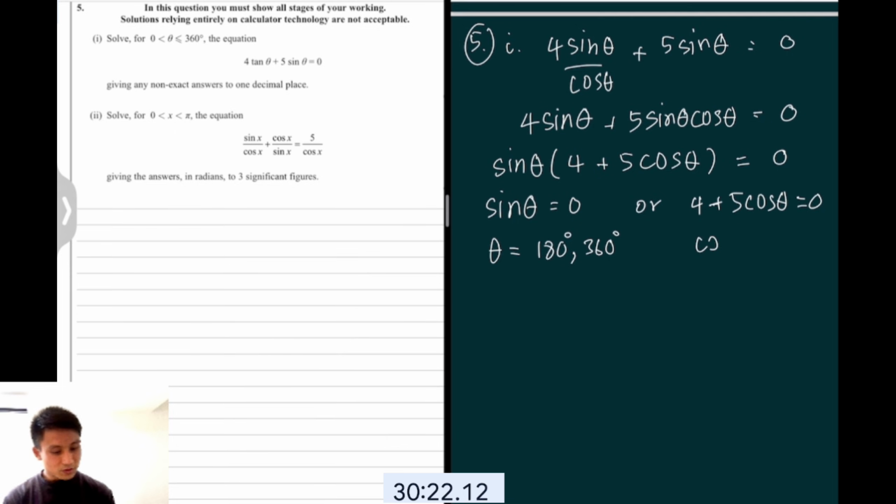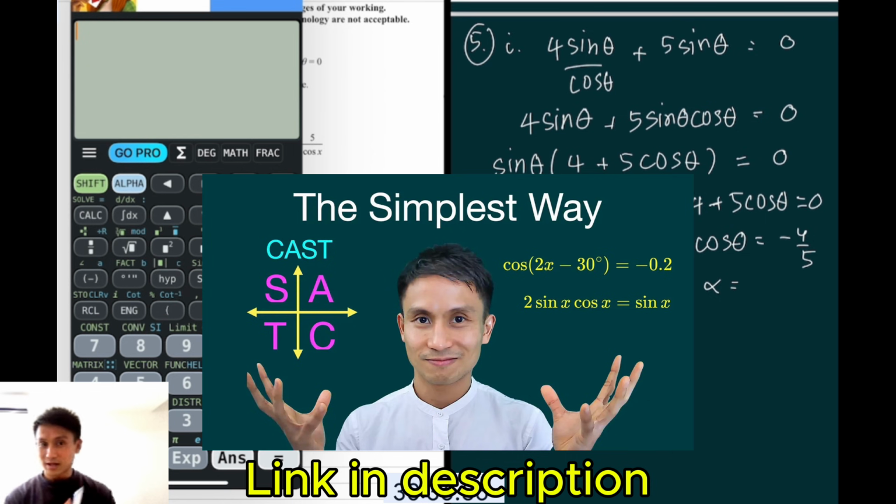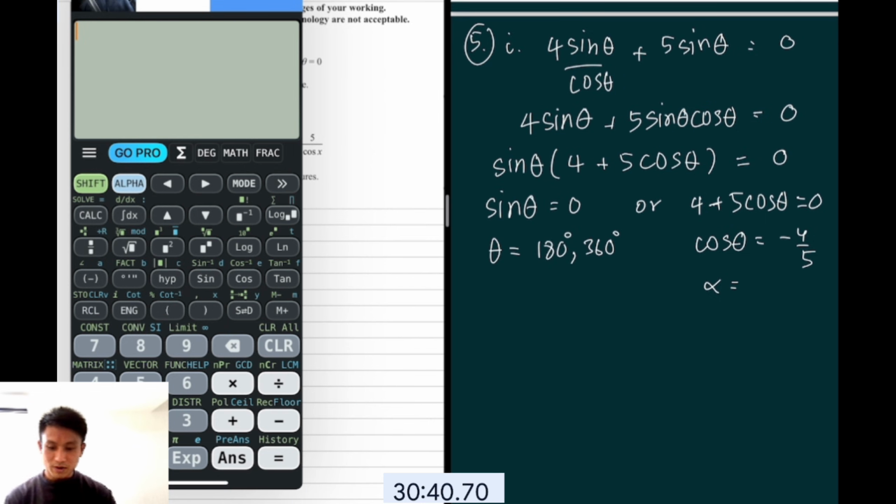But this one might need it, so cos theta equals minus 4 over 5. I'm just going to find the basic angle first, alpha, the principal angle. For those of you who don't know what I'm talking about, you should check out the CAS diagram video, and you will understand how to use a CAS diagram properly to solve this kind of question. I'm just going to change that to a positive 4 over 5 and find the principal angle.